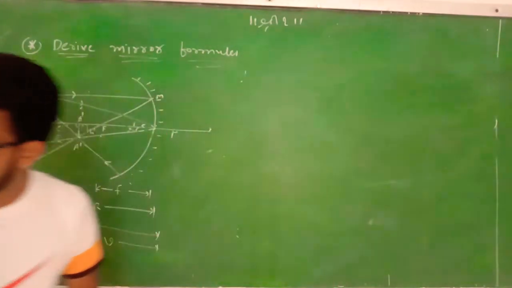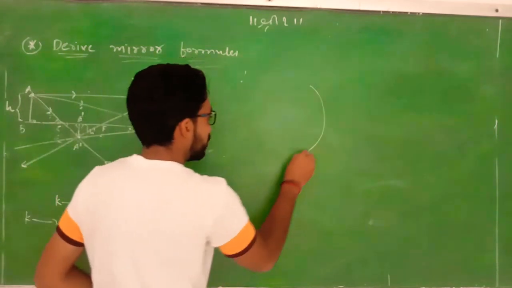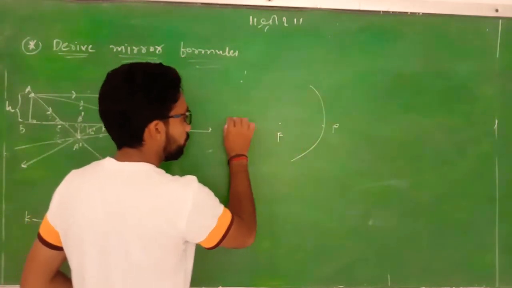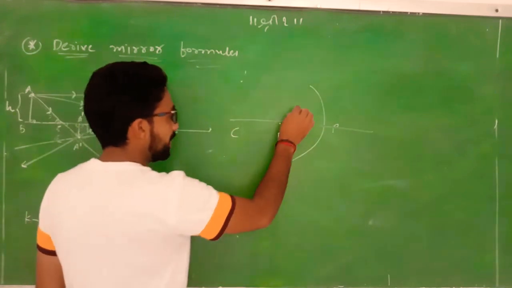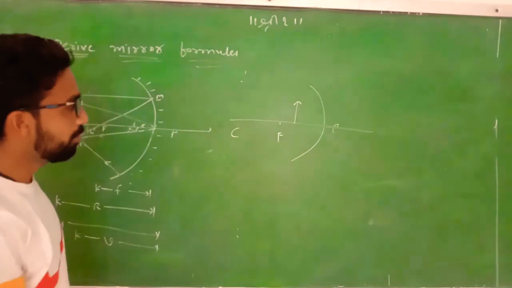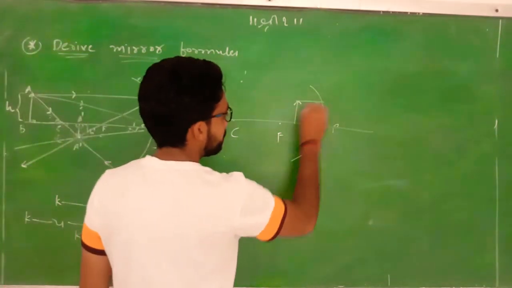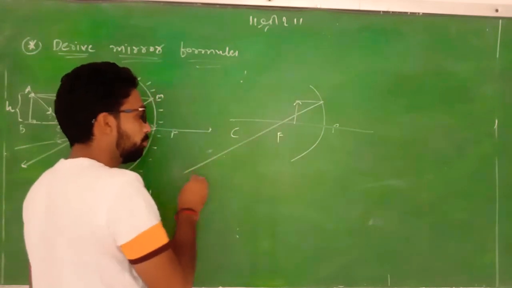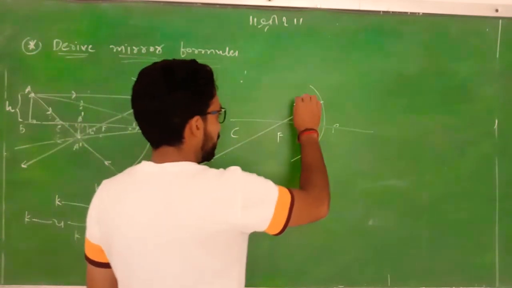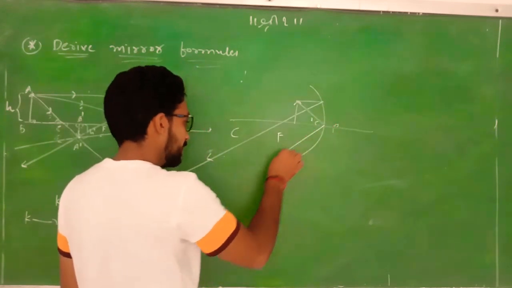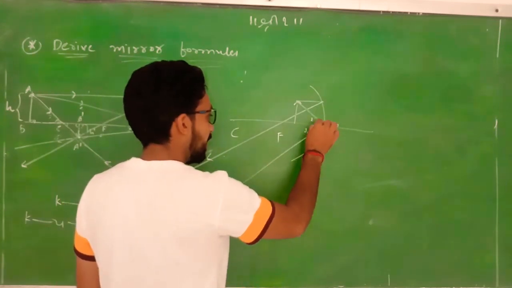How do you get the virtual image? You can see this is the concave mirror: pole, center of curvature, principal focus. Then our object is at this position. Now consider one ray, a parallel ray; after the reflection it passes through the principal focus. Consider one more ray that is incident at angle I, so it is reflected at angle R. This I and R are equal.